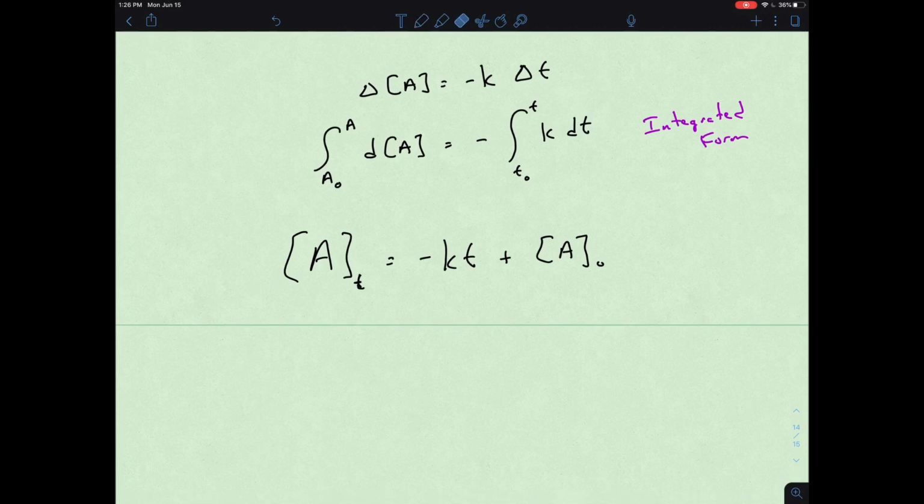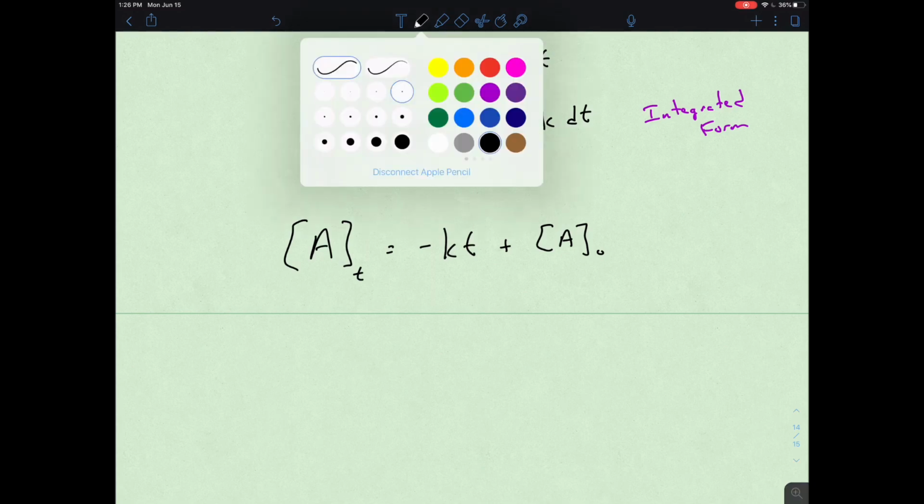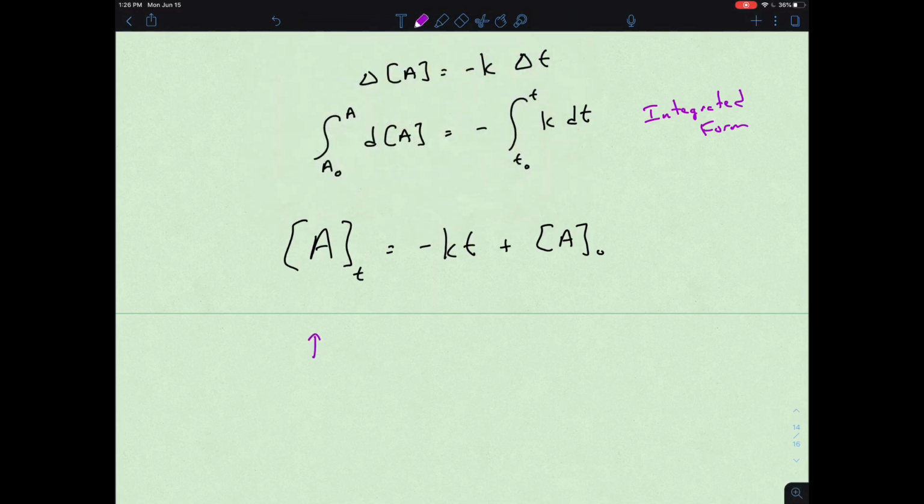Where we have concentration of A at some time point is equal to negative kt plus the concentration of A initially. So we have our concentration or pressure at time point t. We have our rate constant.